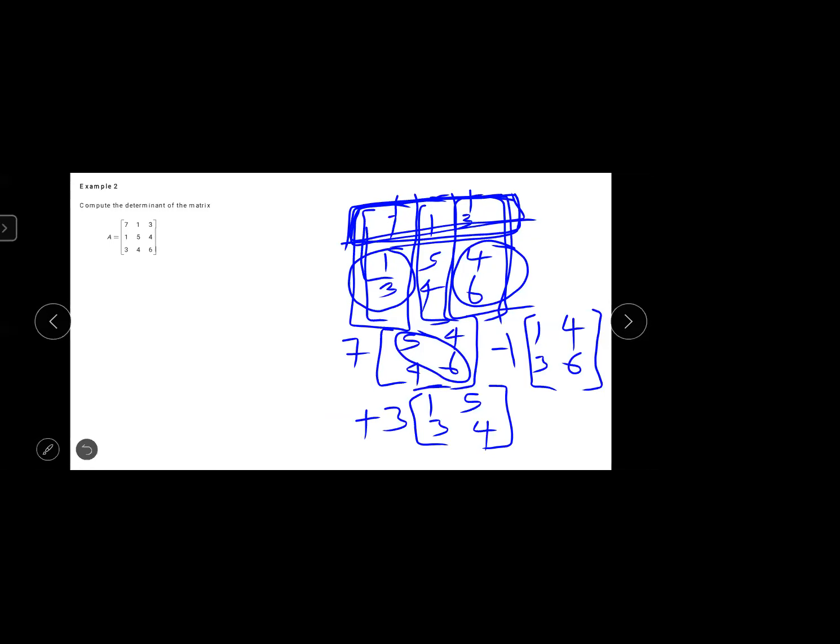Whatever you get there, you multiply it by 7. The same thing here, 1 times 6, 6, minus 3 times 4, 12. So 6 minus 12. Whatever you get, you multiply it by -1. The same thing to this: 4 times 1 minus 5 times 3. Whatever you get, you multiply it by 3.